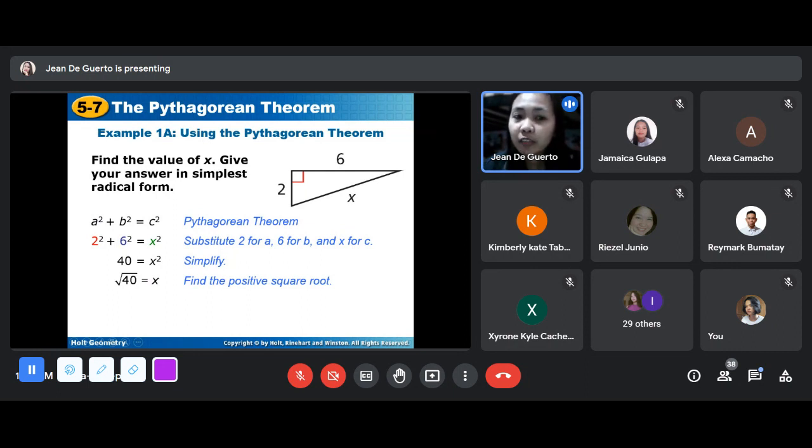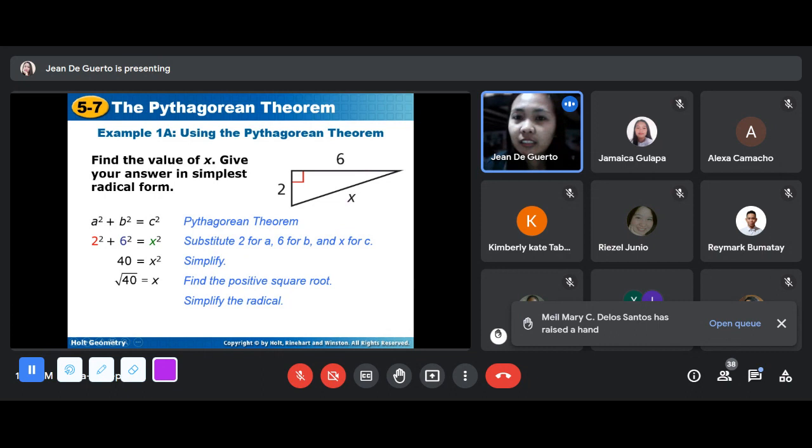And then, simplify natin to kasi sabi dito, give your answer in simplest radical. Anong simplified form ng square root of 40? Yes, Miel? 2 square root of 10.